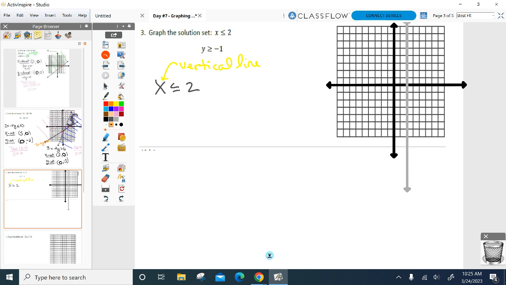The line doesn't go through it. So ready? Is 0 less than or equal to 2? True. True or false? True. So make sure you shade towards 0, 0 then. Everything stays the same except the type of lines. It's not diagonal anymore. So now I'm going to shade, AKA to the left, towards 0, 0.